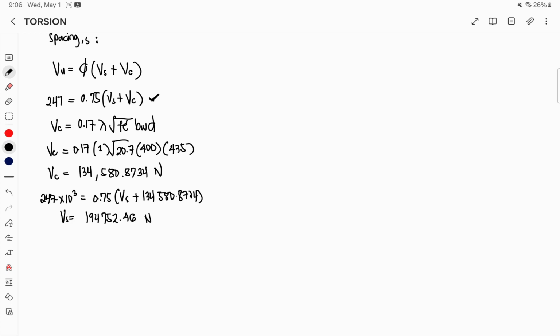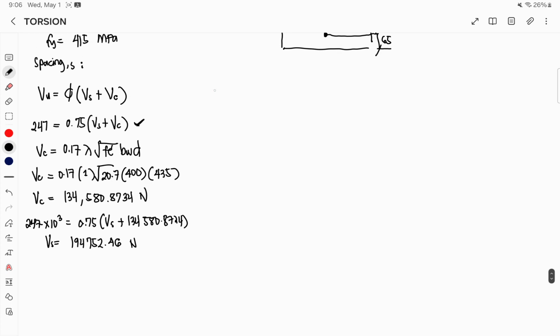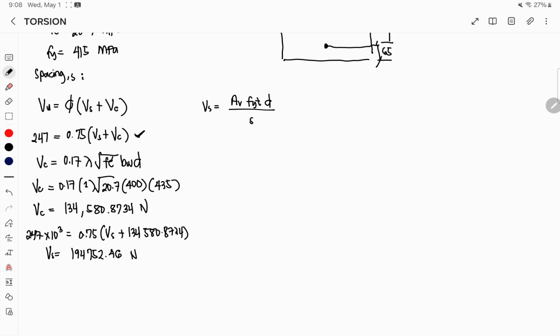Now we will solve for the spacing. We know that Vs is equivalent to Av fyt d all over S. To solve for S, you just interchange them.